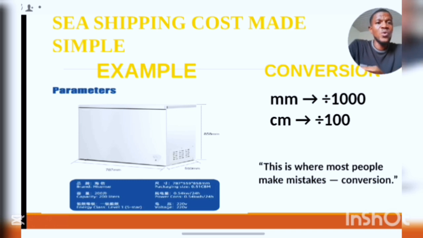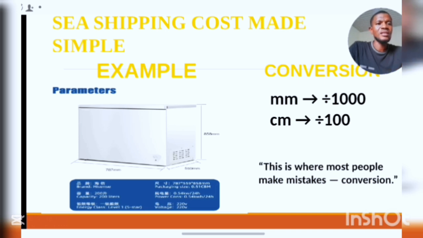Let's assume the dimension is in millimeters. If the measurement the supplier gave you is in millimeters, what you have to do is divide all of them by 1,000 before you multiply them. You first convert the millimeters into meters before you multiply to get your CBM.